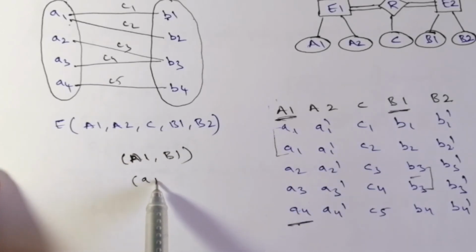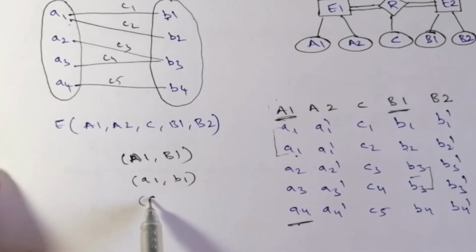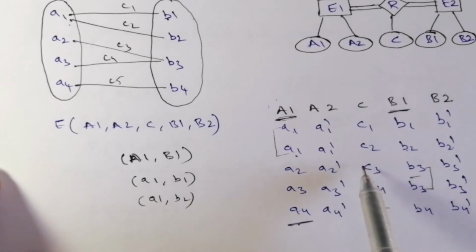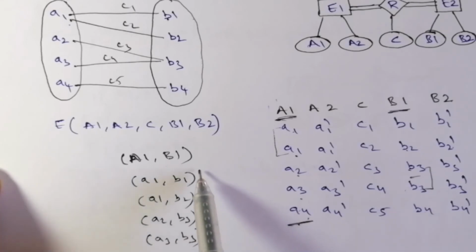A1 comma B1. What is the second case? A1 comma B2. What is the third case? A2 comma B3. What is the fourth case? A3 comma B3. So what is the fifth? A4 comma B4. So all are different.